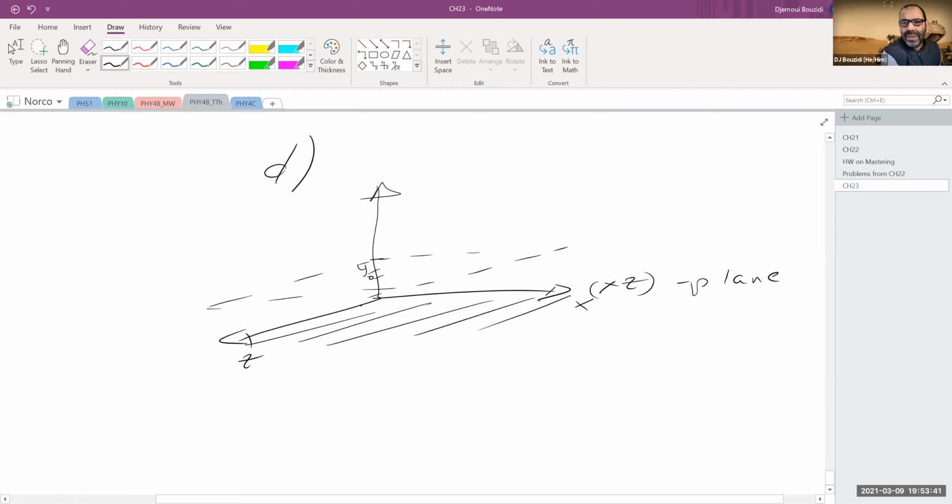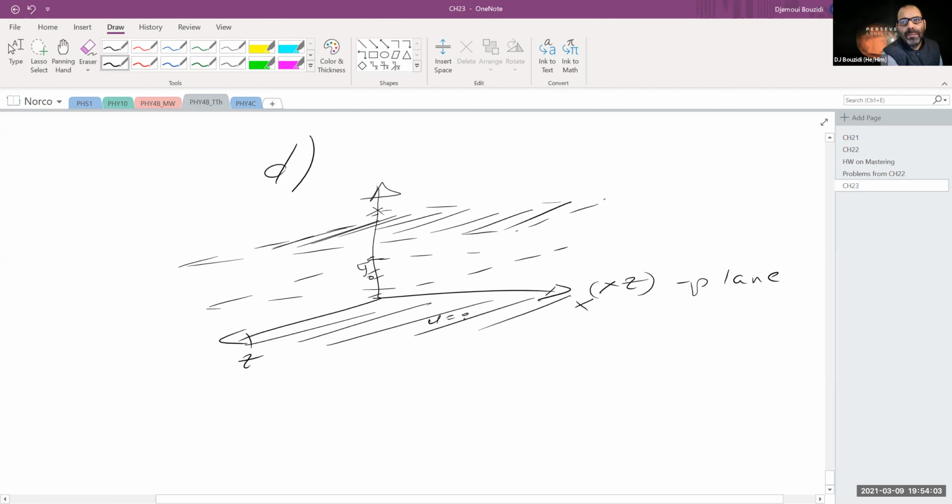So the planes that are parallel to the XZ plane have the same y. Y is the same everywhere on this plane. Y is 0 on this plane. But y could be any number you like. It could be 10 for that matter. As long as it's 10 everywhere, that is a plane that is also parallel to the XZ plane. So y is fixed on those planes.